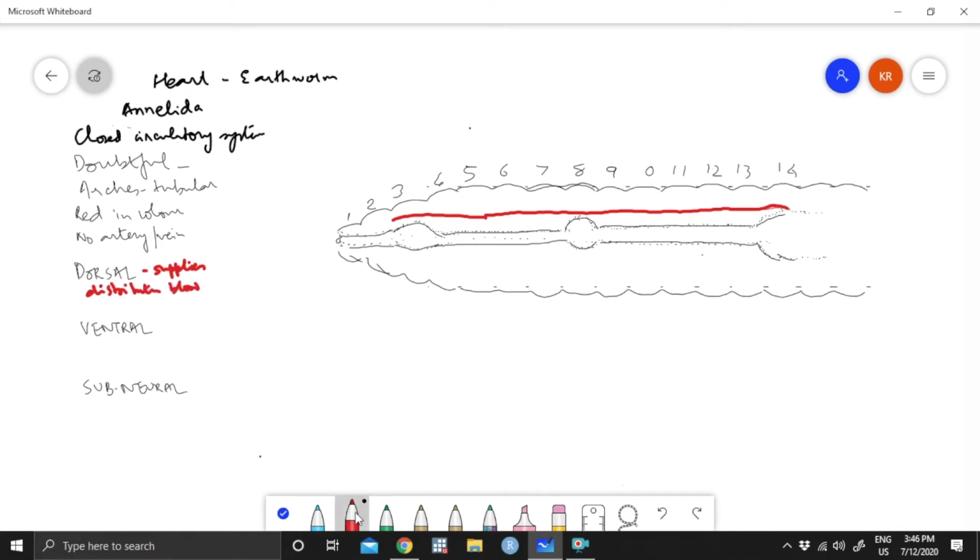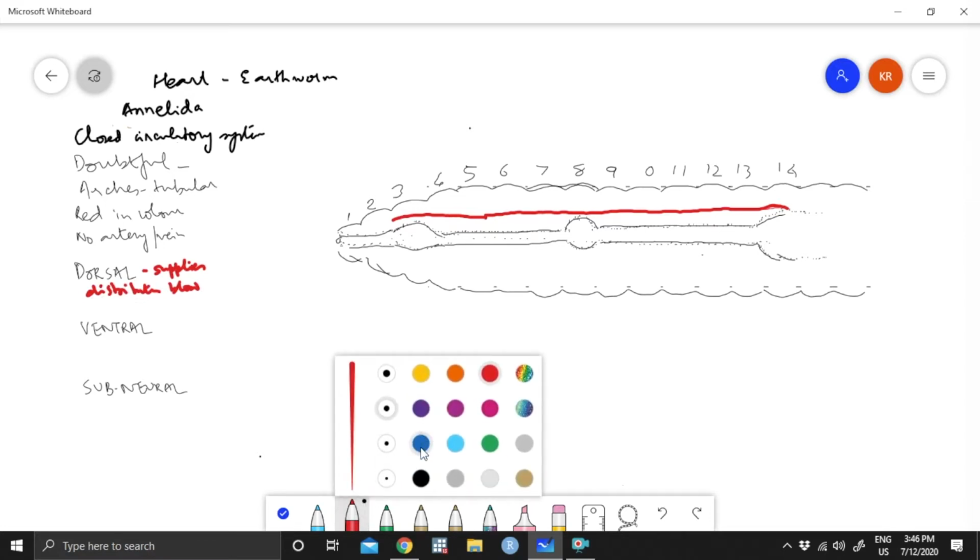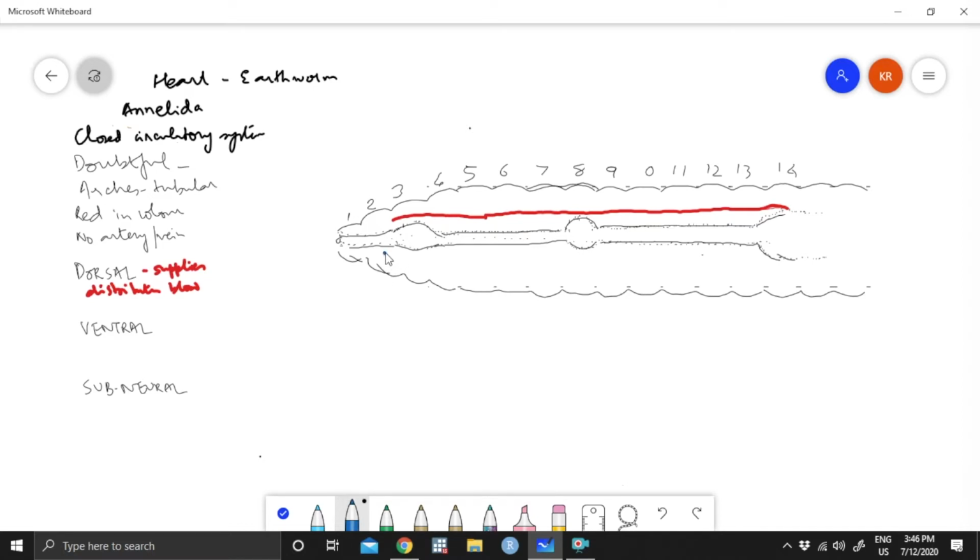Okay, then we will see about the ventral blood vessel. Similarly, just as the dorsal blood vessel supplies, this receives the blood and takes it to the posterior part. So I will just draw a line like that, which resembles the ventral blood vessel.